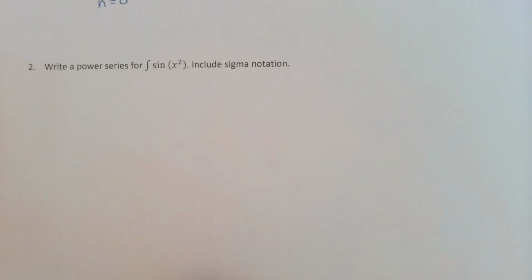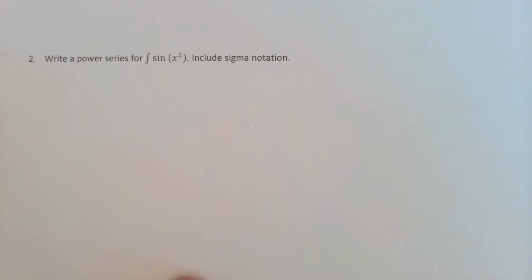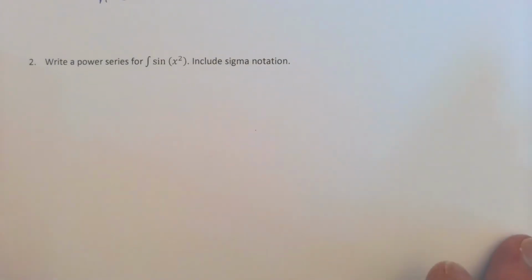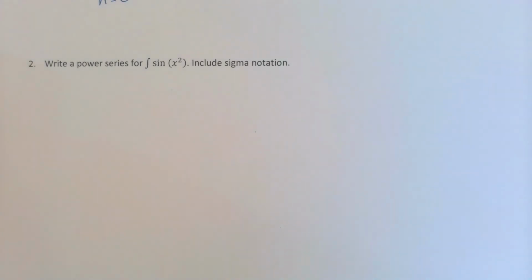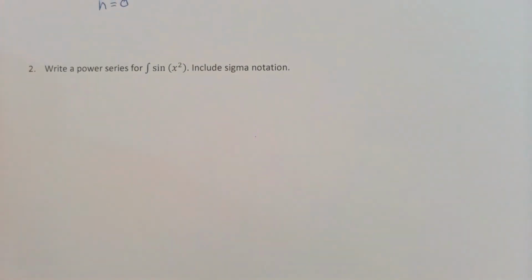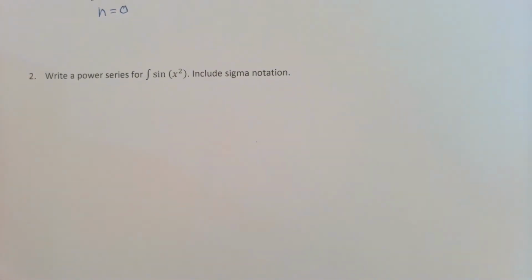Let's try another one here. Find an antiderivative of sine of x squared. Includes sigma notation. Well, just like the previous problem, I want to remind myself of what the power series for sine is.